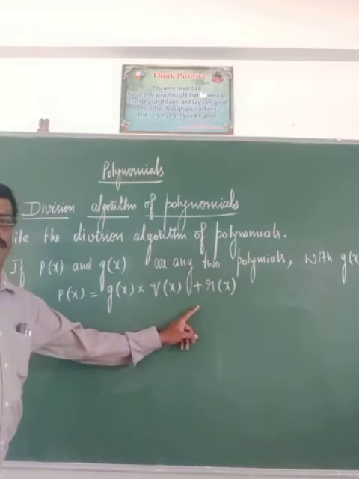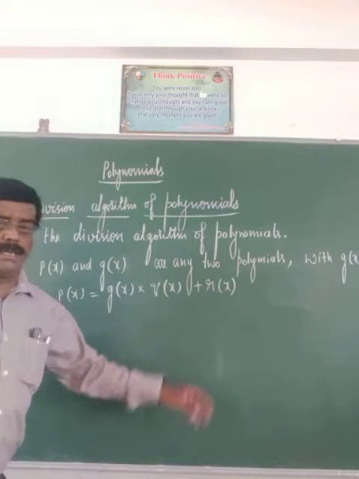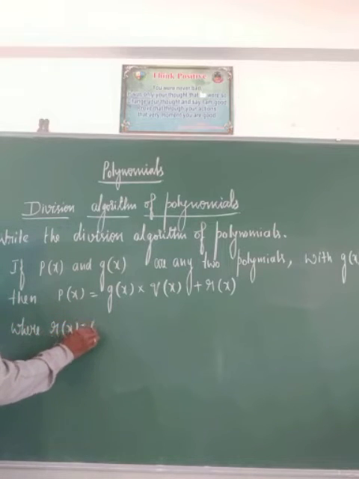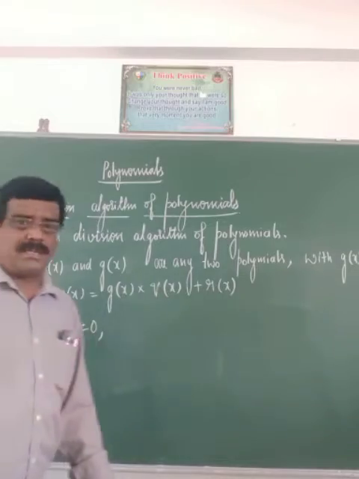This we just now explained already. But you write the condition for the remainder of x, that is r of x, where r of x equals 0.